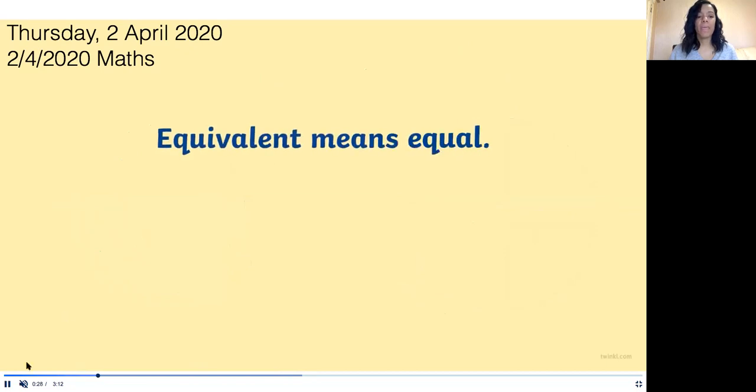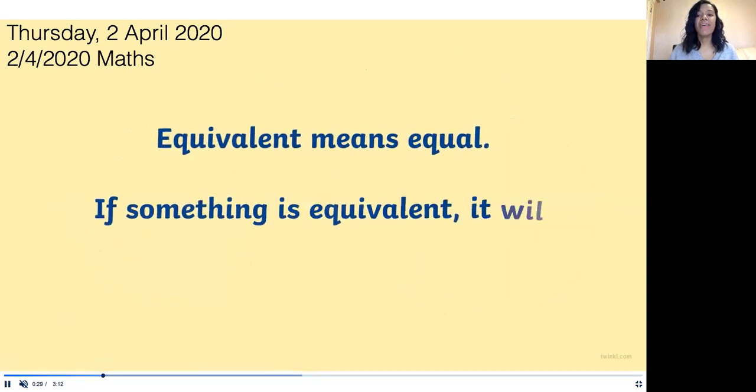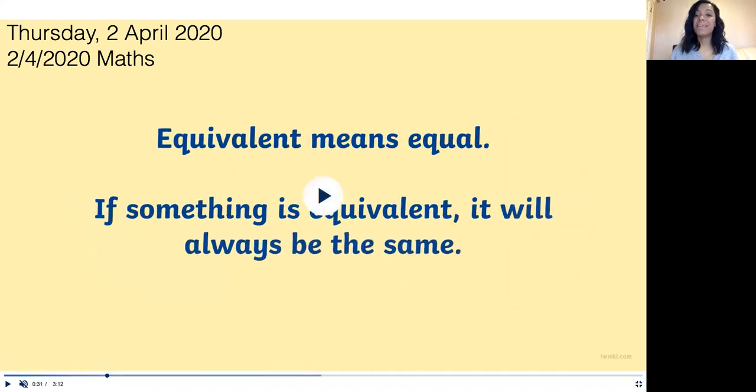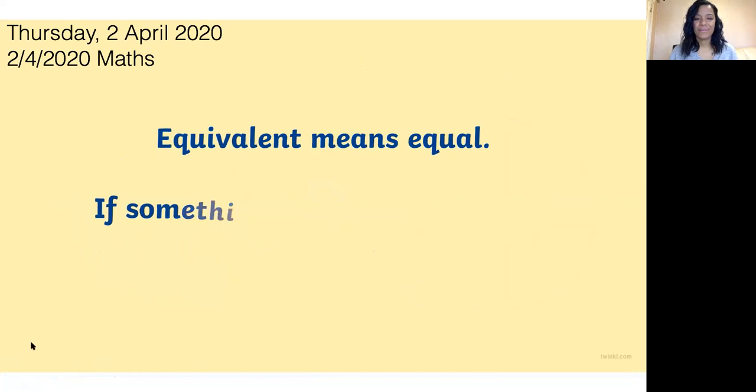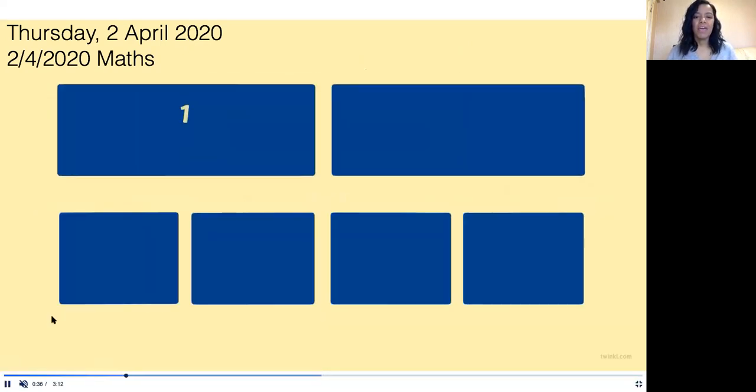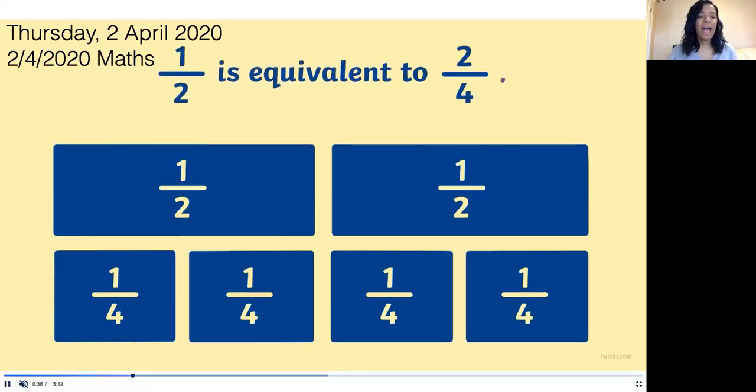They are equivalent, and that means that they will always be the same, okay? Remember that. Equivalent means equal. They are the same, okay? If we have here, 1/2 is equivalent to 2/4.